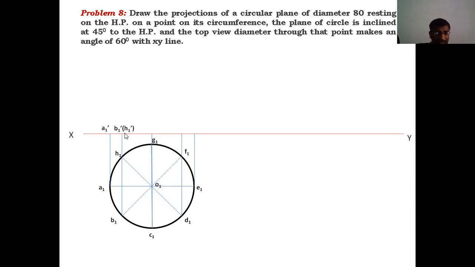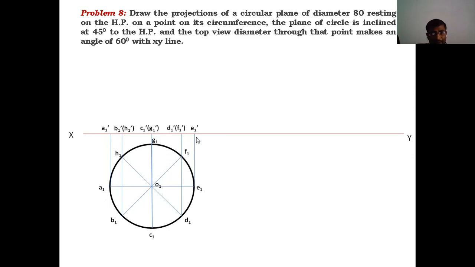Like that, locate C1 dash, G1 dash, then D1 dash, F1 dash, and the last point is E1 dash. When looking at this diagram from this side, A1 to E1 are visible points, and F1, G1, H1 are invisible points. That's why these three points are within brackets.